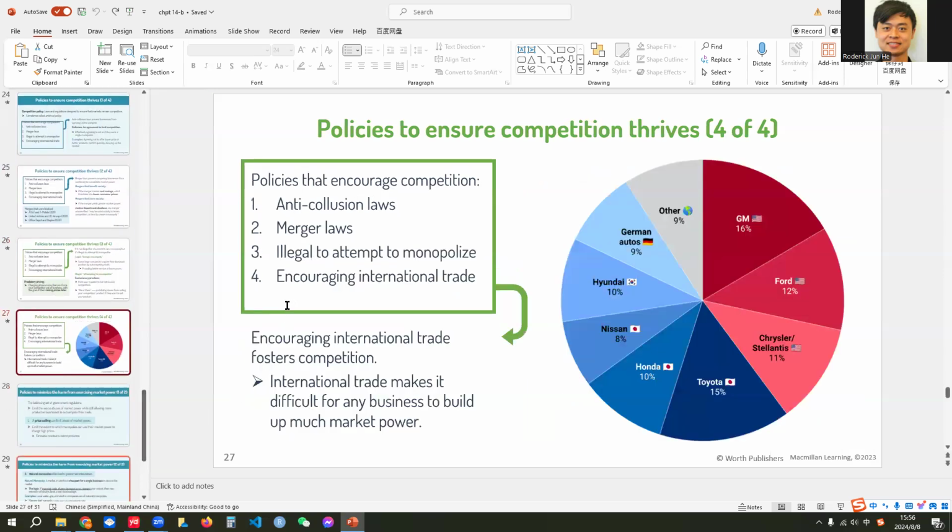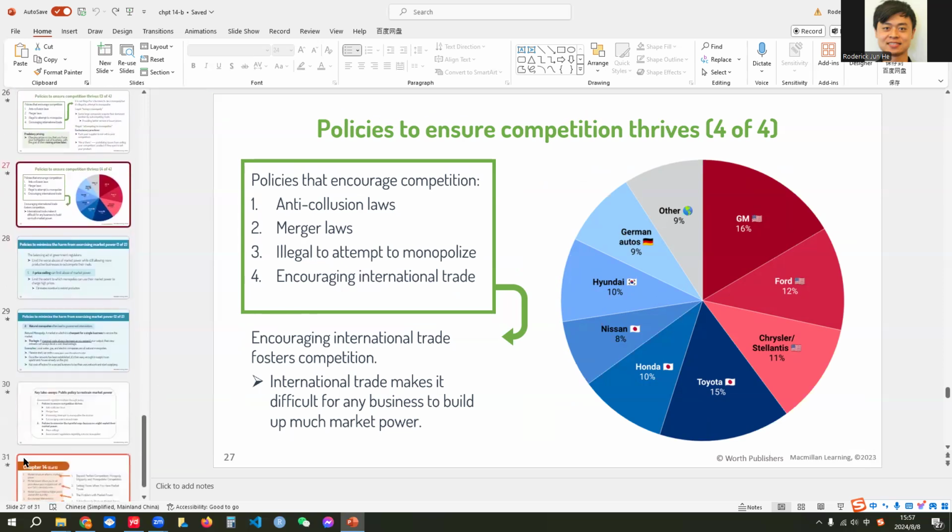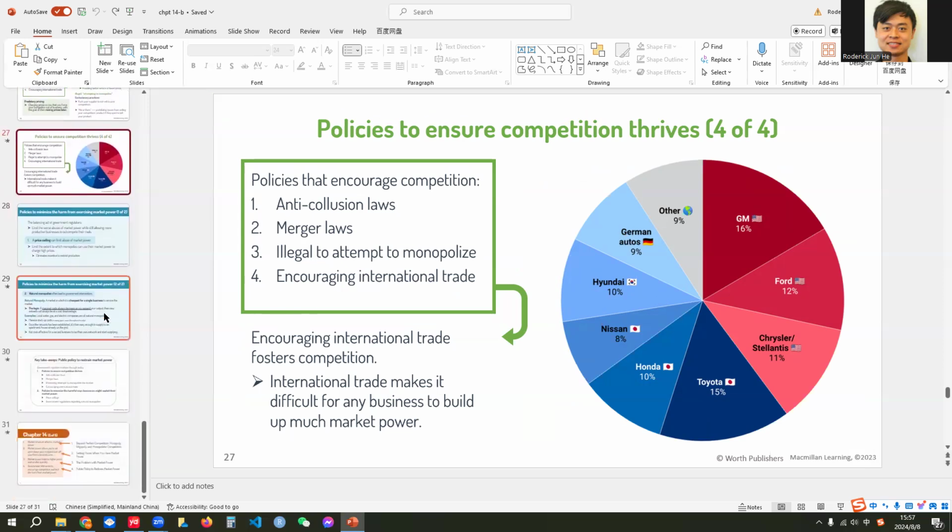And the last one is to encourage international trade. By doing that, we allow foreigners to compete with us. That could be a little bit counterintuitive. But if you don't want the firms inside your country to occupy everything, then by introducing those different brands, we kind of dilute their market power. So they have to be concerned. Like, for instance, Toyota and Honda, right?